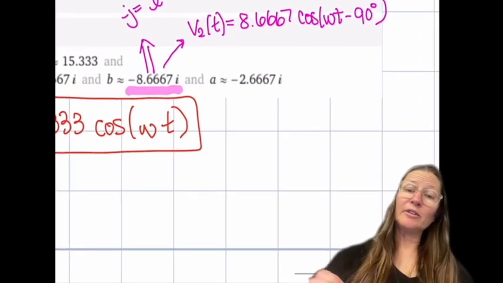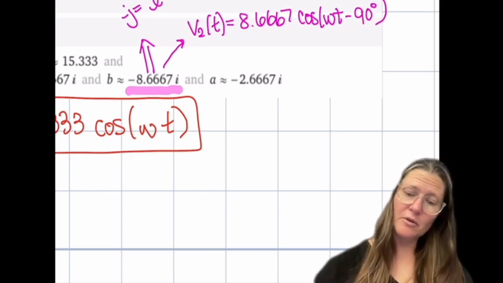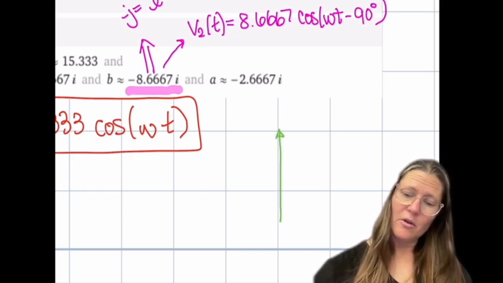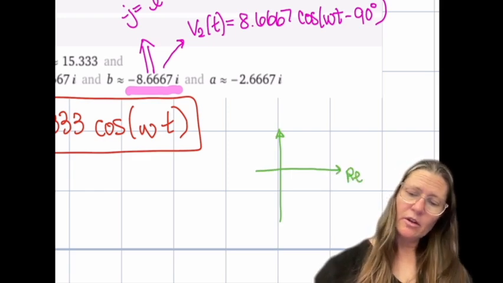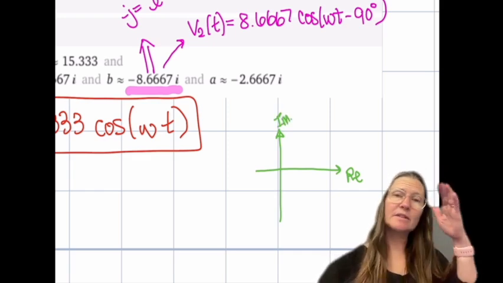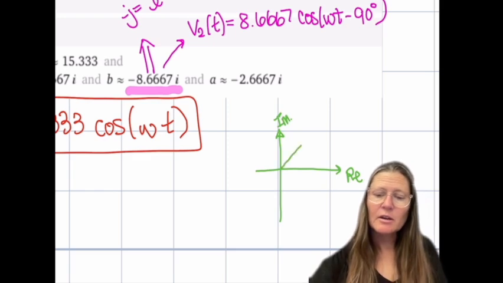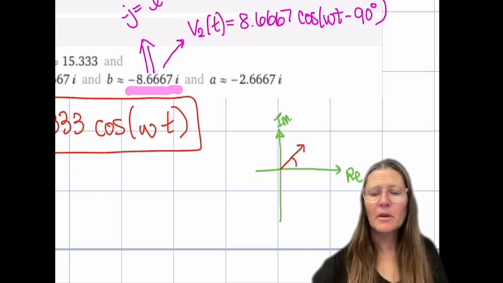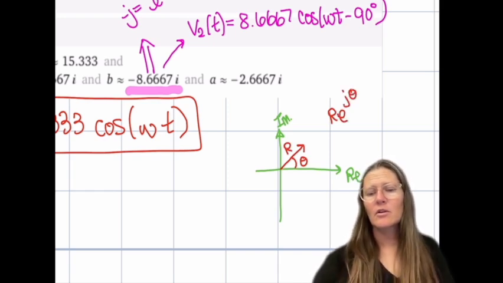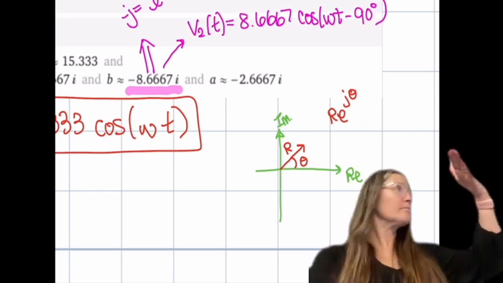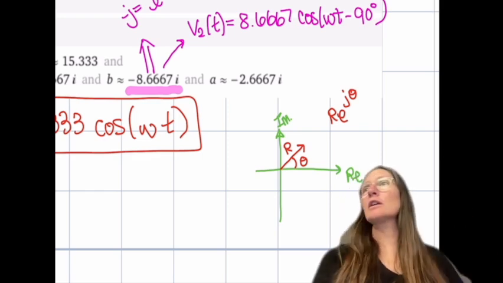This is easier to see visually. So polar form, you have your real and imaginary axis. And what polar form is doing is describing a vector on this plane. We describe it as the vector length and then the angle.